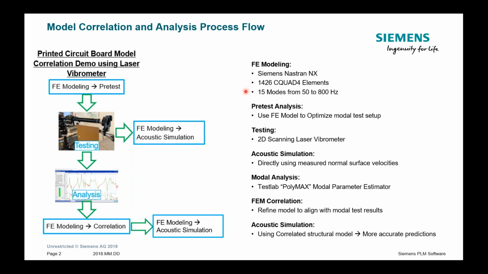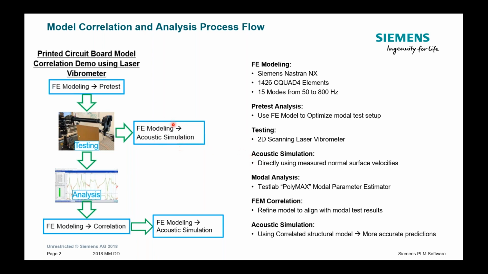And we found through analysis that there were 15 modes in the 50 to 800 hertz range. Then the next step in the process, we did pre-test analysis using the FE model to optimize our modal test setup. Then did some testing with the scanning laser and then acoustic simulation.